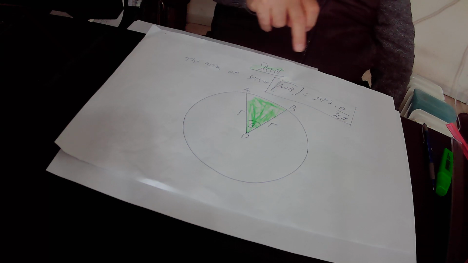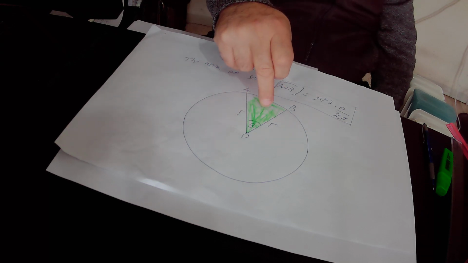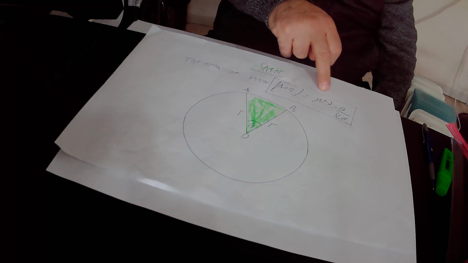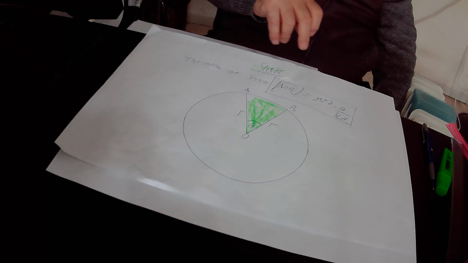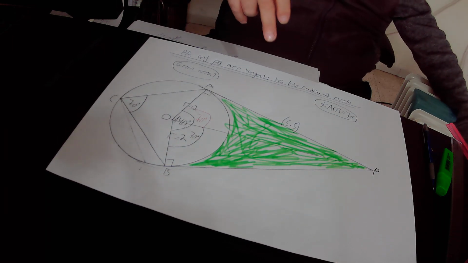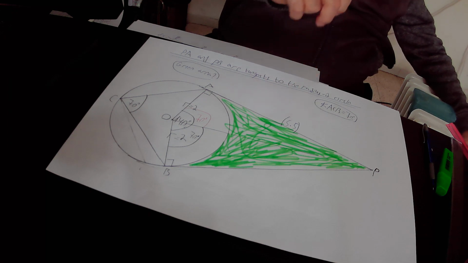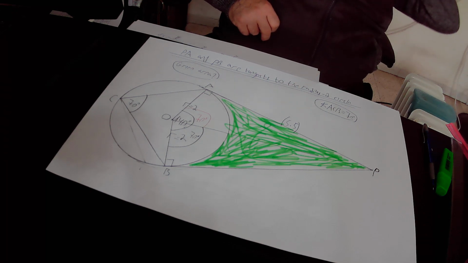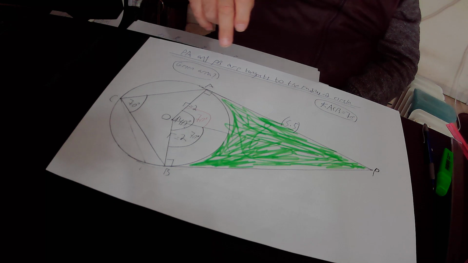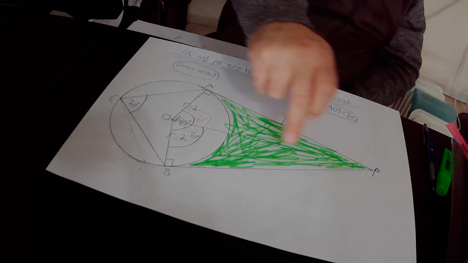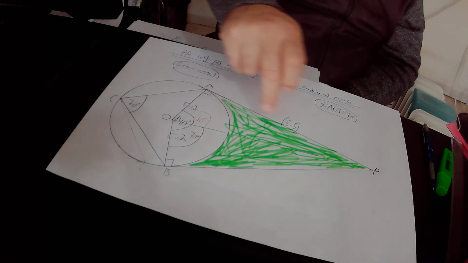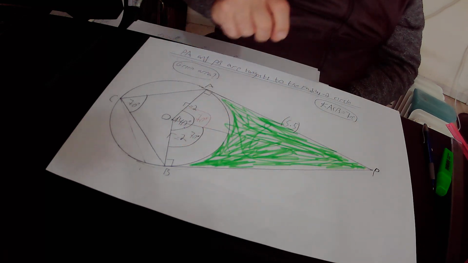I repeat, the area of the green sector AOB equals pi r squared times theta over 360 degrees. Our mission is to find the area of this green shape. The area of this green shape equals the area of the upper right triangle AOP plus the area of the lower right triangle BOP.